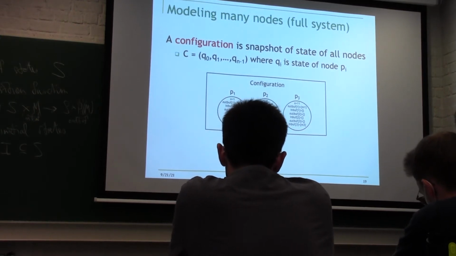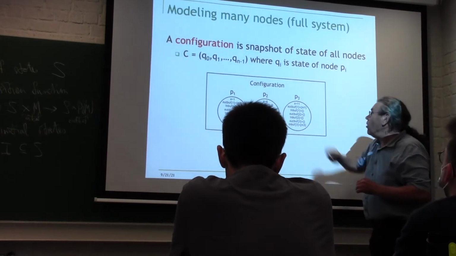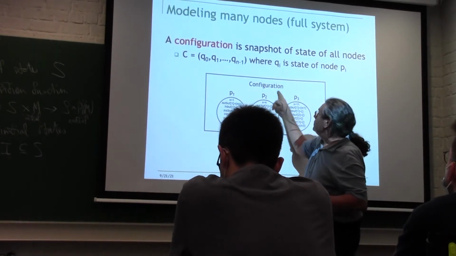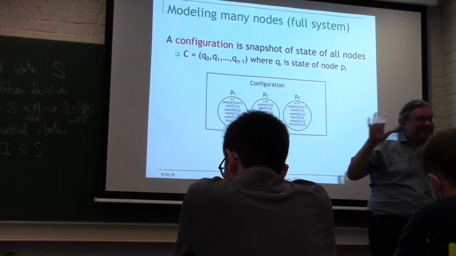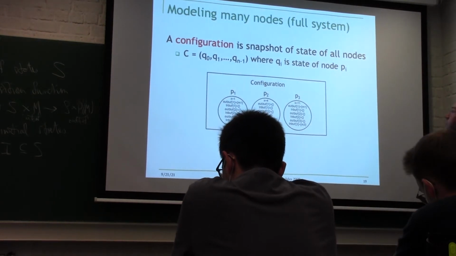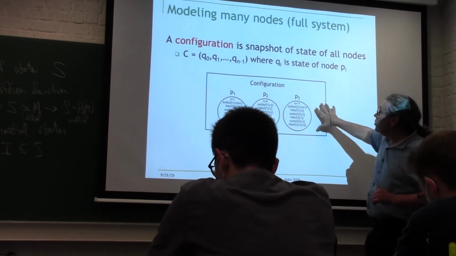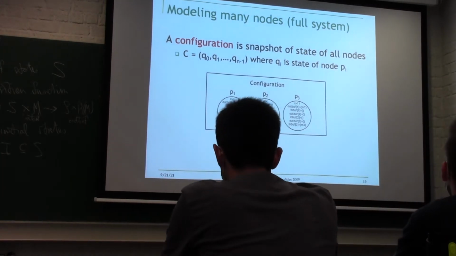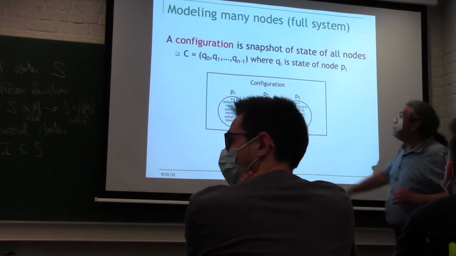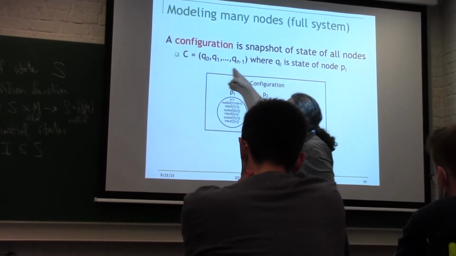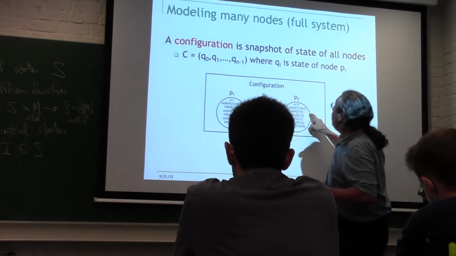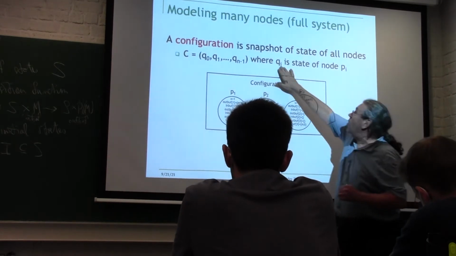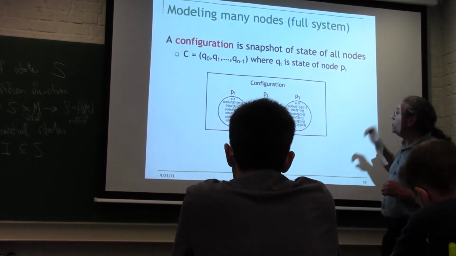One way to remember is that state is a very small word, for a small thing, whereas configuration is a big word, for a big thing. This is just terminology, but it's important because we're going to talk about configurations a lot. A configuration is basically a vector of the states of all the nodes in the system, where Qi is the state of node Pi.